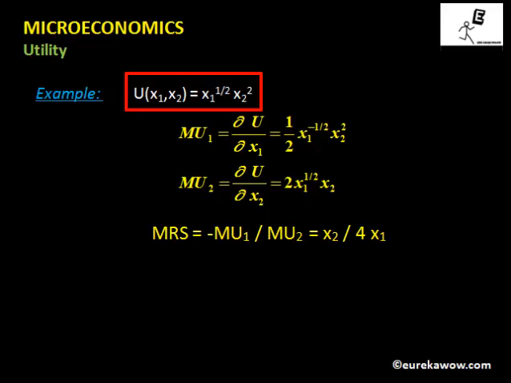And for finding the marginal utility of good 2, we will do the partial differentiation of the total utility function with respect to x2. We will get the following values. For MRS, we will simply do minus of MU1 divided by MU2, and we will get minus x2 divided by 4x1.